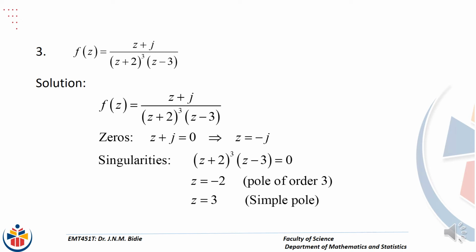And then for the singularities, we equate the denominator to 0. Then we have z is equal to negative 2. And note that we have to write pole of order 3 because of the power of that factor. And z is equal to 3 is a simple pole because the power here is 1.